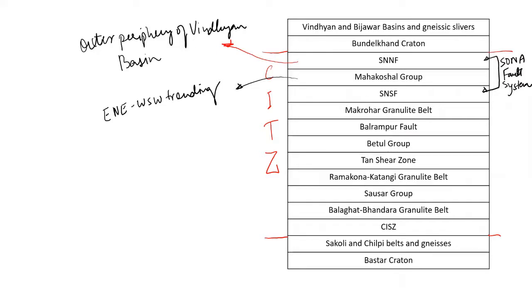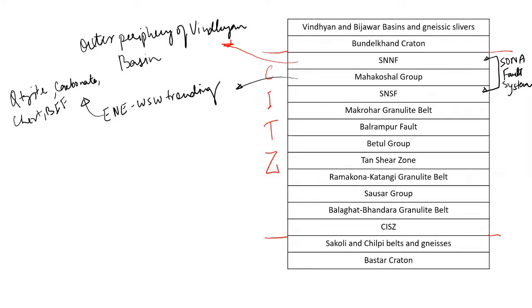The main rock types of Mahakoshal are quartzites, carbonate, chert, banded iron formations, greywacke, argillite, and mafic volcanics. The Mahakoshal belt is intruded by granites on either side of the belt along the Son Narmada North and South faults.